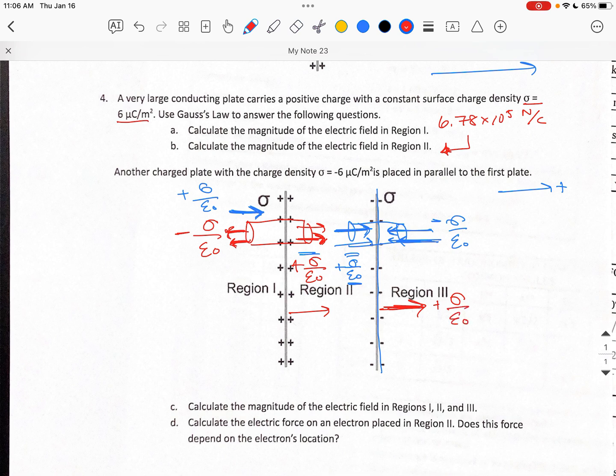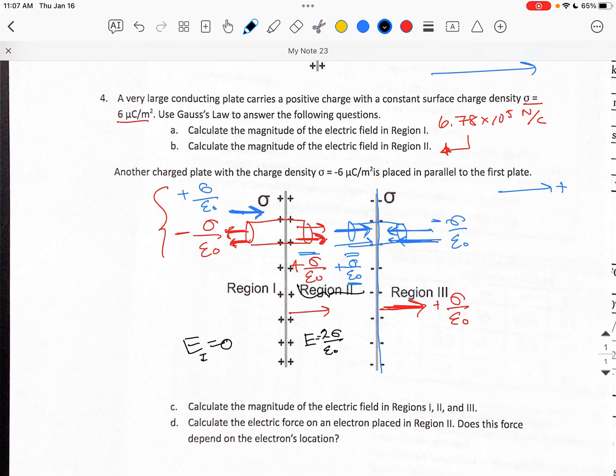And if I add these together, we call this superposition. The positive and the negative here cancel out, so I have an electric field of 0 in region 1. I get the electric field that adds together in magnitude, so I get double my electric field in region 2.